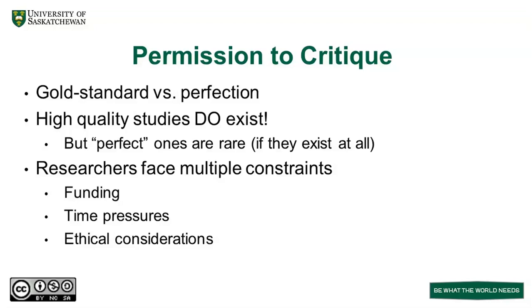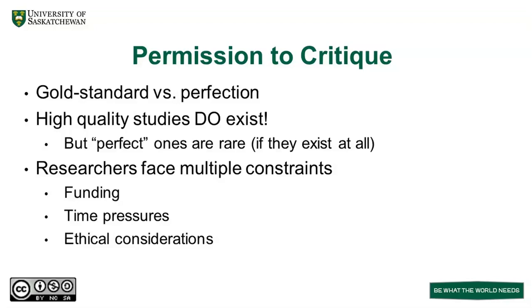So we're looking at funding. Unless you are in a very privileged position, very few researchers have unlimited funding available to them. Time pressure. So there might be an expectation to publish research on an ongoing basis, and sometimes that results in shorter or more contained studies that might not be perfect for answering a particular question.